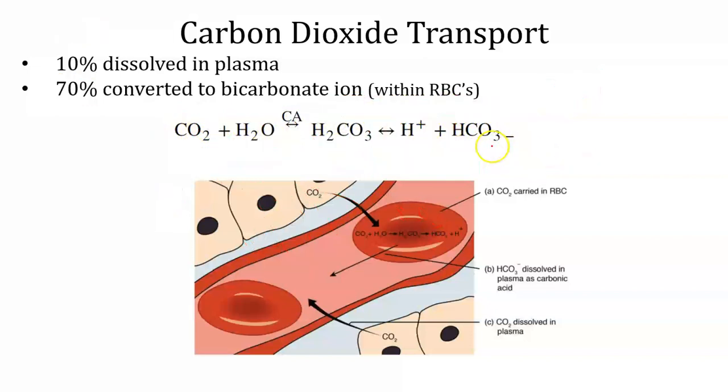And so if you were assessing blood, let's say, and you saw a high hydrogen ion concentration, or even a high bicarbonate ion concentration, but generally this is what the chemoreceptors would measure. If you saw a high hydrogen ion concentration, that would be a signal that there's a lot of CO2 in that blood, and that would tell you that you need to start breathing more, because every time you breathe you get rid of CO2.